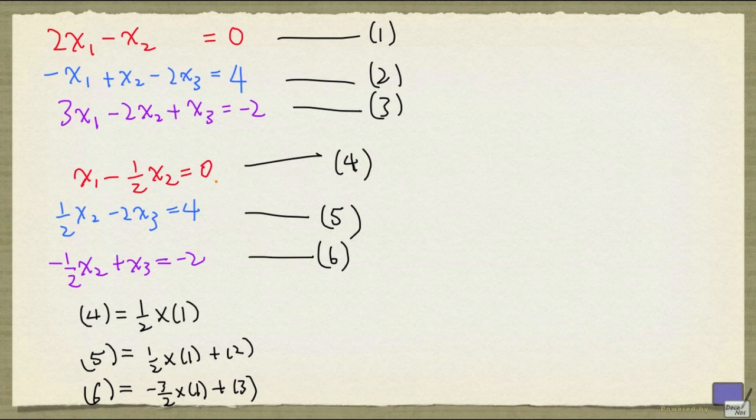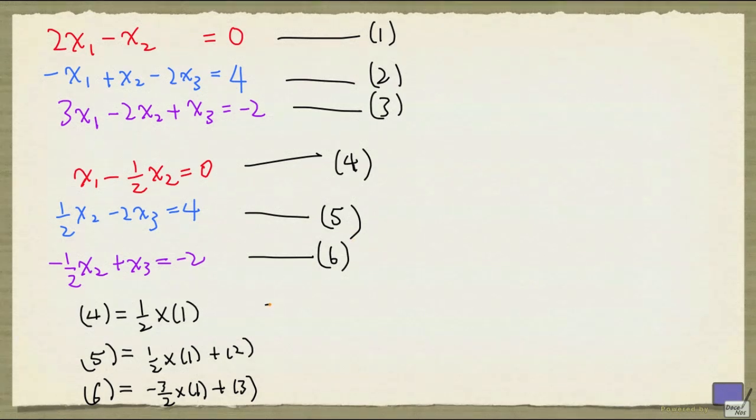And it's not hard to see that to get from 4 to 1, you just multiply both sides of 4 by 2. And to get from 5 back to 2, you just subtract equation 4 from equation 5. And you can obtain equation 3 from equation 6 and 4 as well. So we haven't gained or lost any solutions by performing these operations.